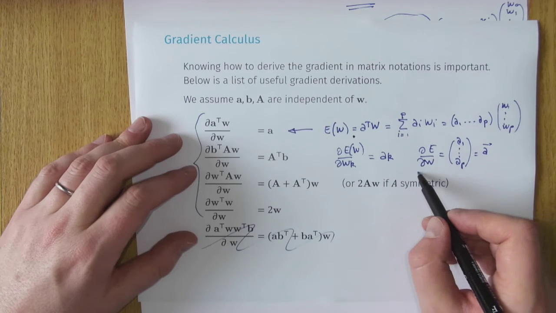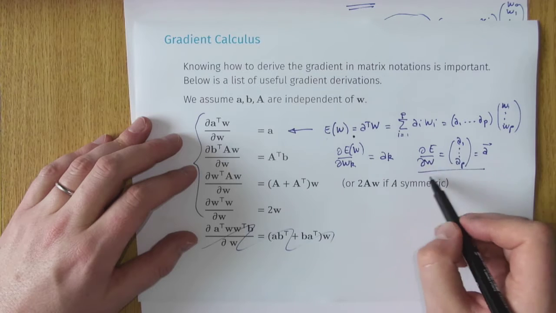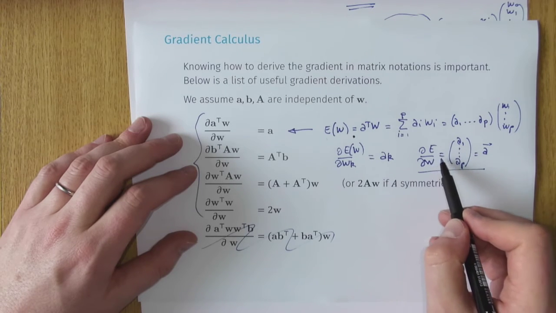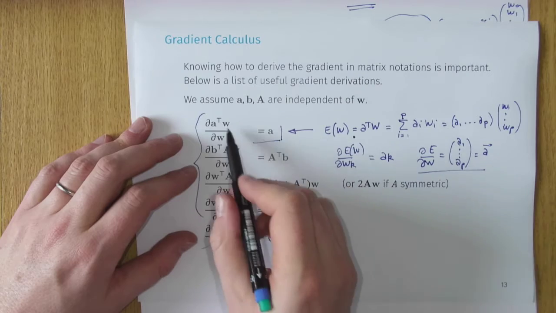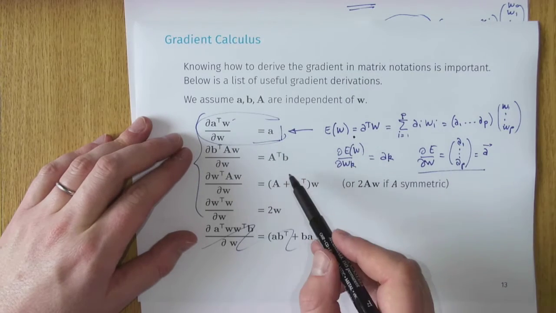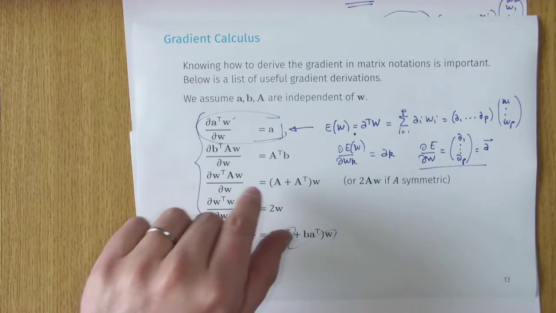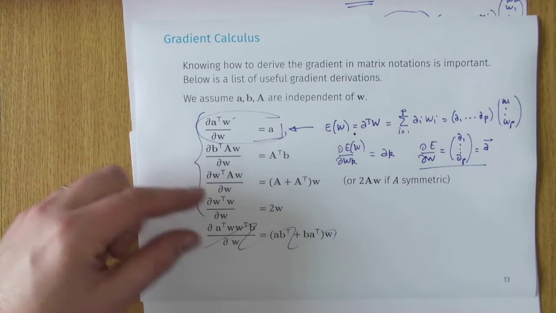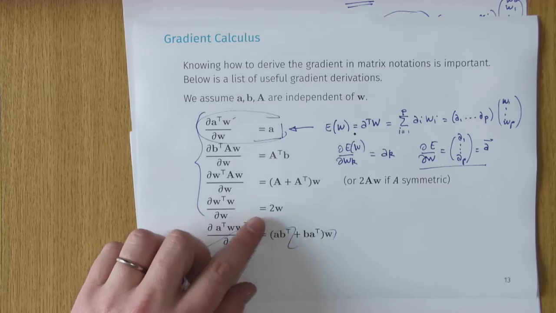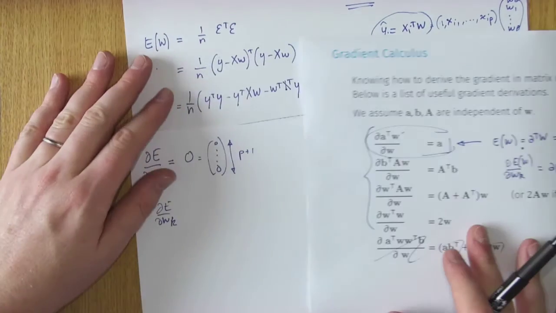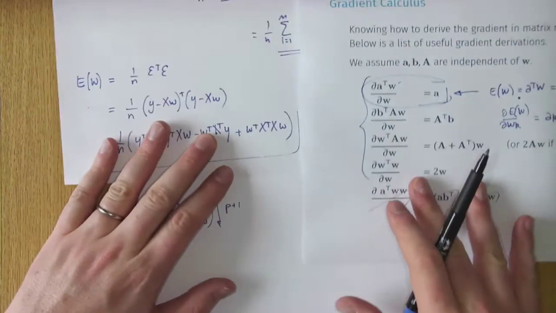We have proved that the gradient of this expression according to W is indeed just A. So all these are just results you don't even have to worry about deriving yourself. They're just handy results for you. So let's use those to try to solve our problem.